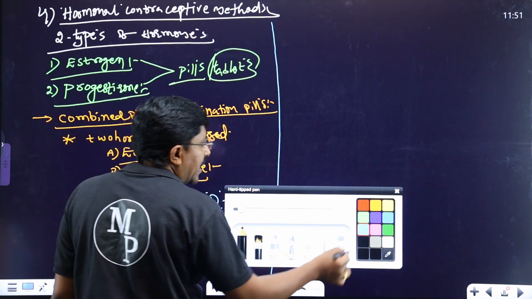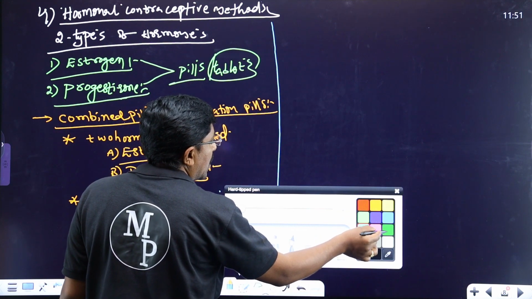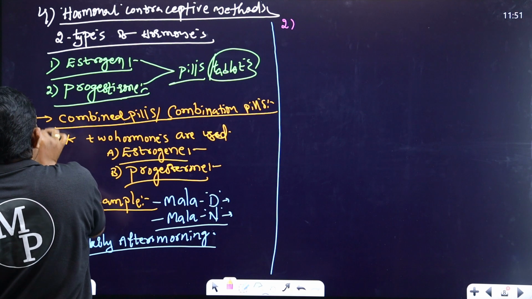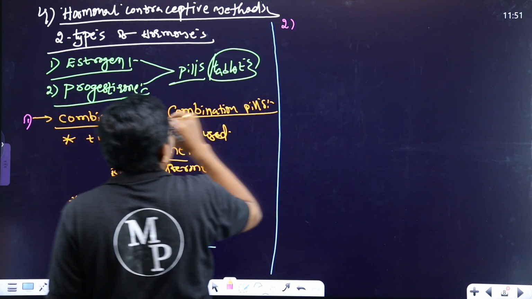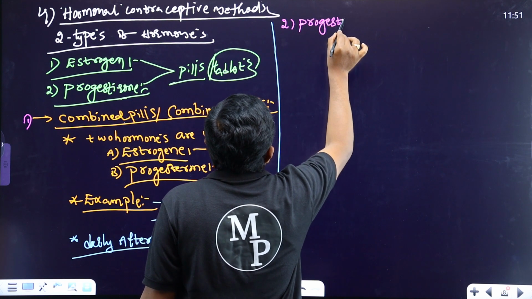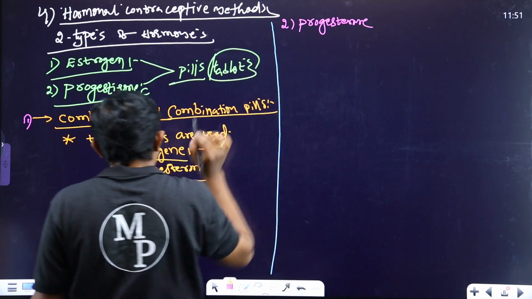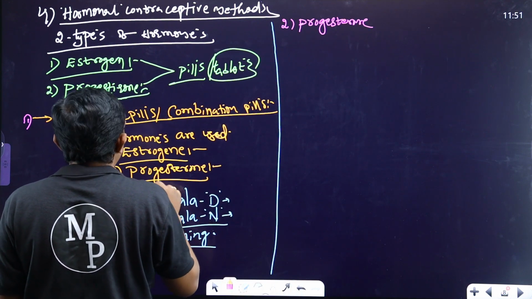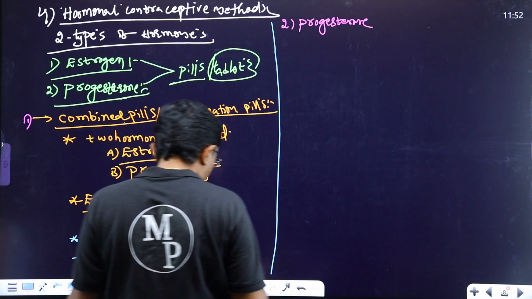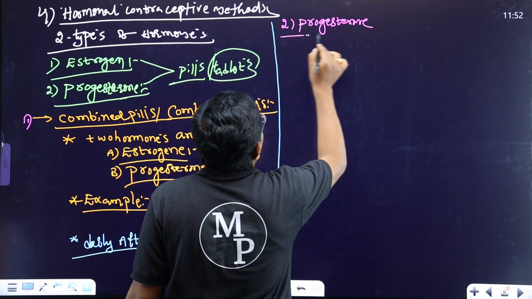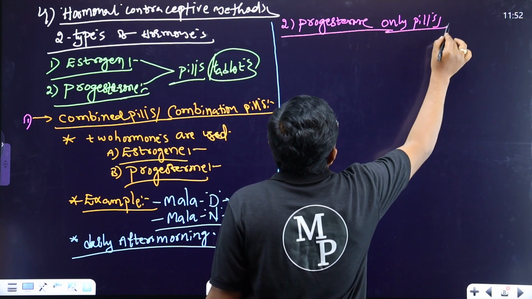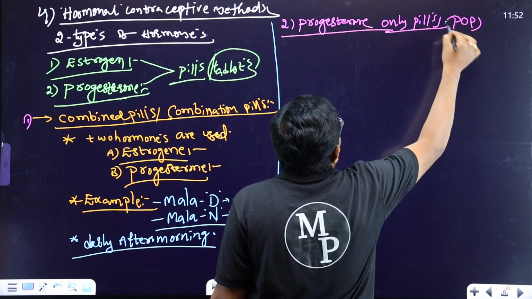And after that, the next type of pills are progesterone only pills. These are the second type of pills. The first type is the combination pills. These are the progesterone only pills. See, its short form is POP.